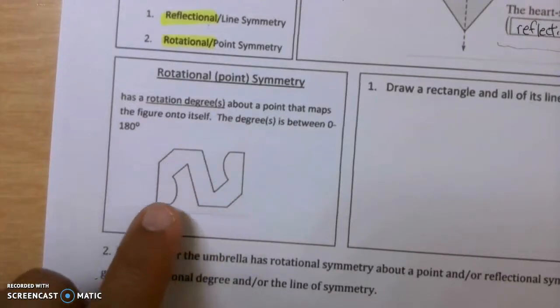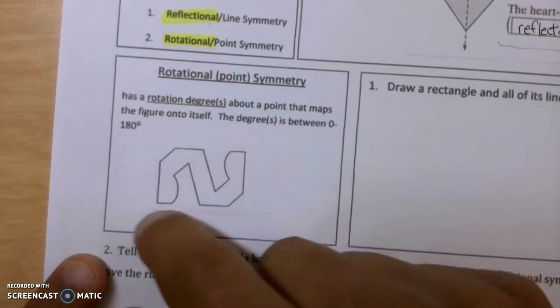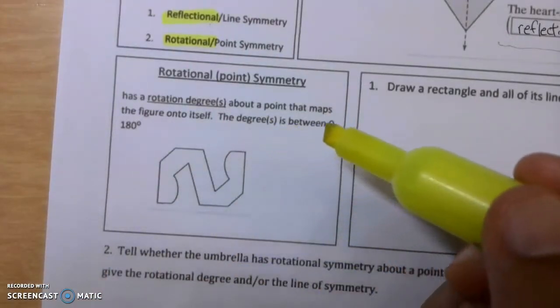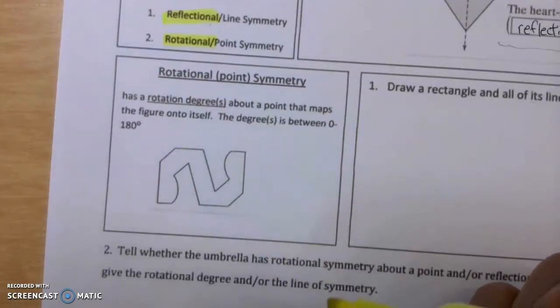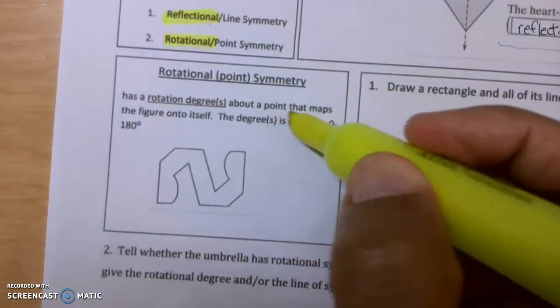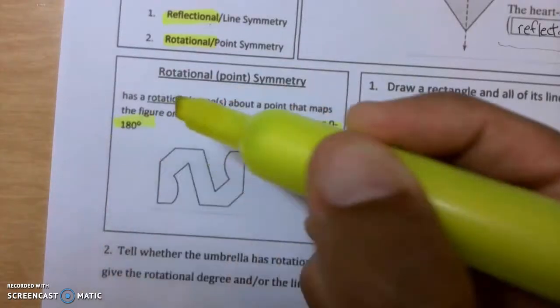And rotational symmetry is this bizarre looking, I don't know what this thing is, like the letter N, but kind of funky. And if you can rotate that picture, and if it can look exactly the same as when it started, then that would be rotational symmetry. Now, when we rotate it, we're going to talk about any rotation between 0 and 180.